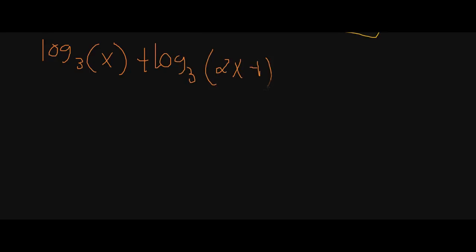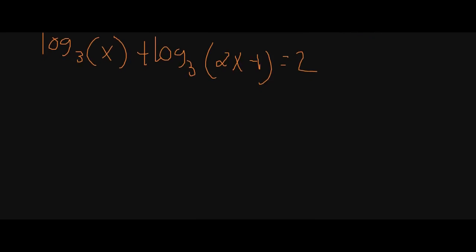Let's say we got log base 3 of x plus log base 3 of 2x minus 1 is equal to 2. So to solve a problem like this, this is where I was saying that we need the product property for logarithms.